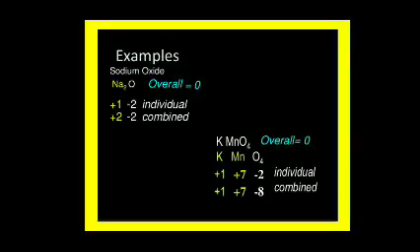Then +1 plus Mn plus 4 into -2 is equal to 0, 1 plus Mn minus 8 is equal to 0, then Mn minus 7 is equal to 0, Mn is equal to plus 7. This is the calculation of manganese oxidation state in KMnO4.